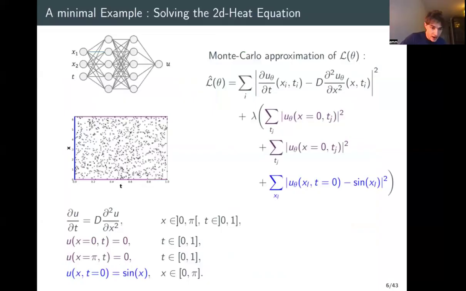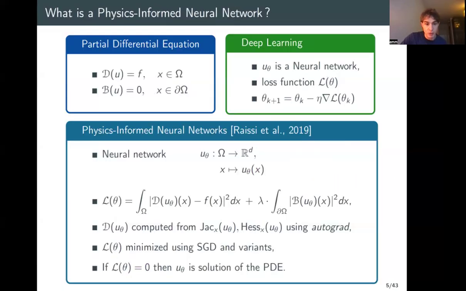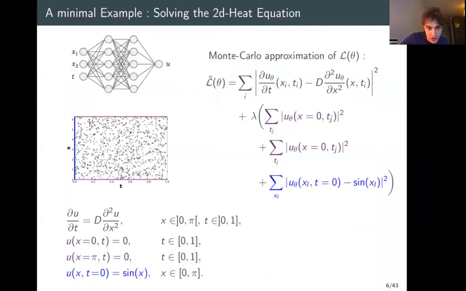So okay, in practice, you all know this. We can't exactly compute this integral in the loss function, so we resort to methods such as Monte Carlo, where we randomly sample points in the interior and on the boundary, and then we optimize this loss function, computing these derivatives using AutoDiff.